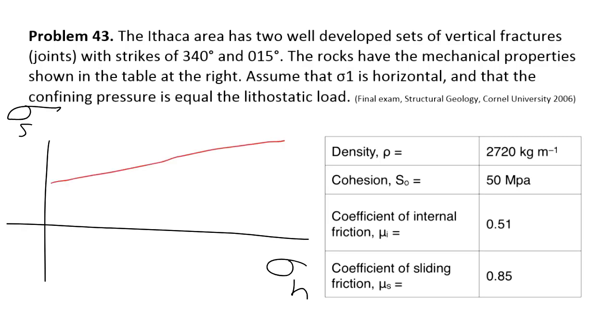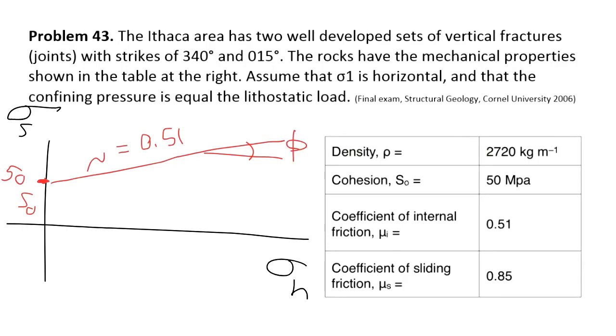Here, this value is going to be 50, and this value is given as a cohesion, S0. This angle we don't know, but we know the coefficient of internal friction, mu, which is 0.51. If you get the arctangent of 0.51, it's going to give you the phi angle, right?